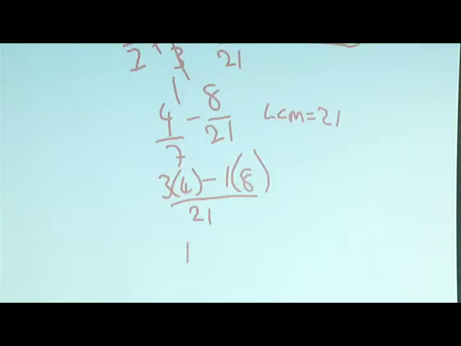When we simplify, we get 12 minus 8 over 21. What is 12 minus 8? It's 4 over 21. So this is our answer, and we have simplified.